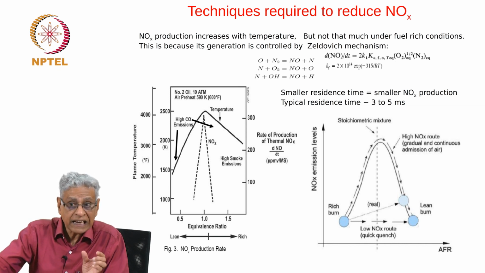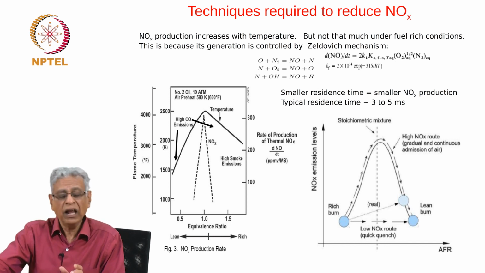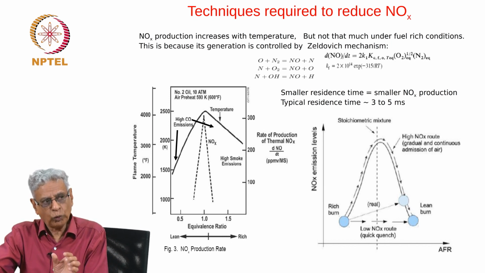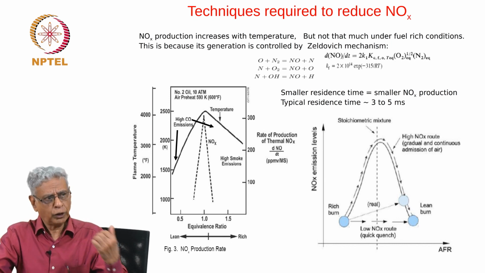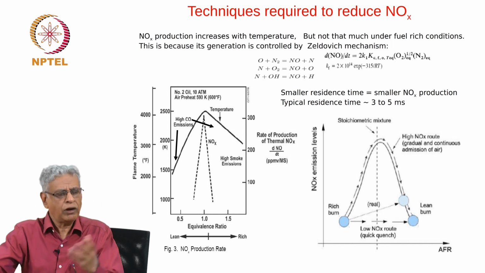So, smaller residence time implies smaller nitric oxide production. NOx is the composition of NO2 and N2O as well, but NO2 and N2O are very small fractions; about 90-95% of it is contributed by NO itself, and yet it is called NOx.